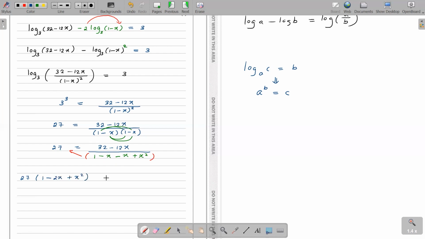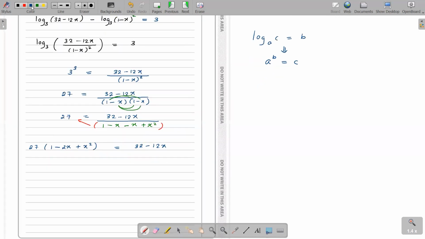Do you agree with my working? Equals on the other side I have 32 minus 12x. So now let's open the bracket. I get here 27 into 1 is 27 minus 27 times 2 is 54x plus 27x square equals 32 minus 12x. Are you with me?